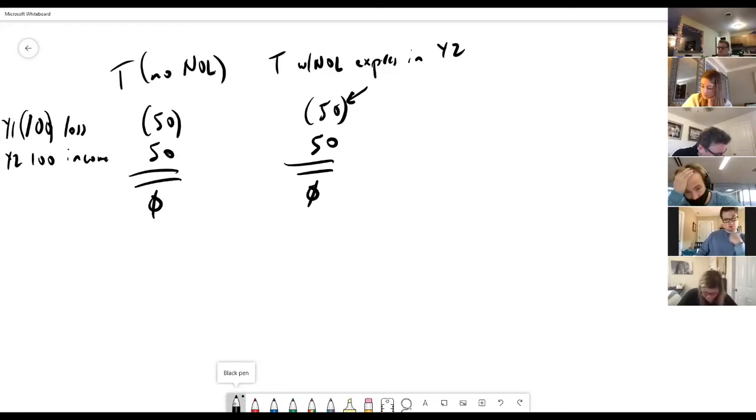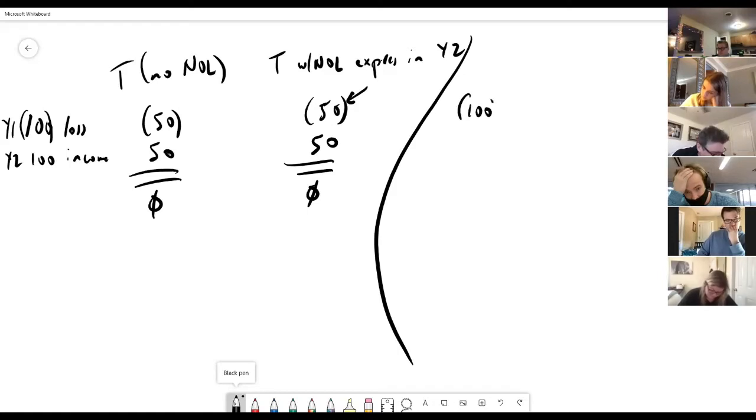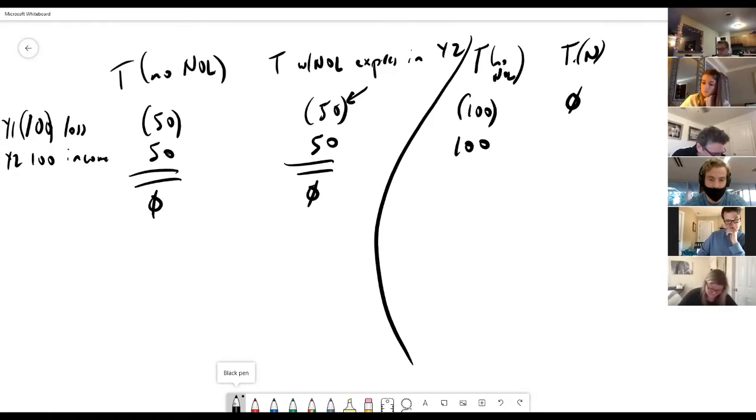So again, a clever tax lawyer comes in and says, why don't we allocate all the loss in year one to the taxpayer with no NOL, call this TN, and allocate all the income in year two to the taxpayer with the NOL, TNOL, and nothing there. And again, it all nets out the same.